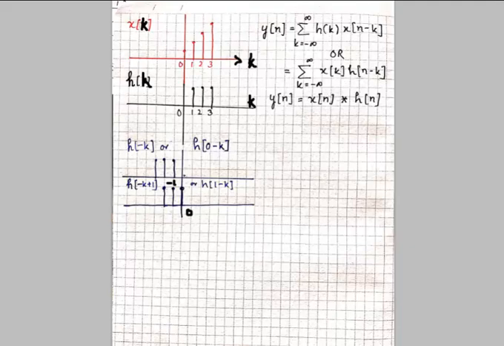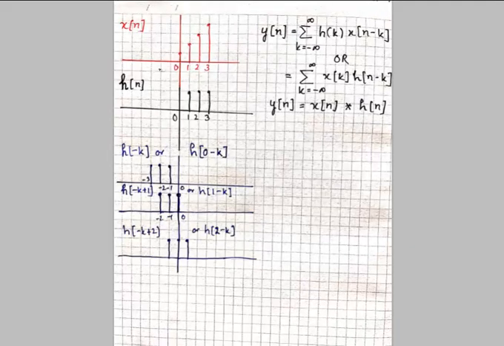So what we need to do here is draw, because for y at 0, this will be the value of h. At y equal to 1, this will be the value of h. And similarly we need to see for all possible values of n.